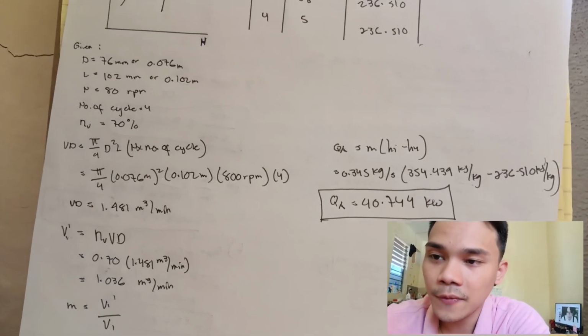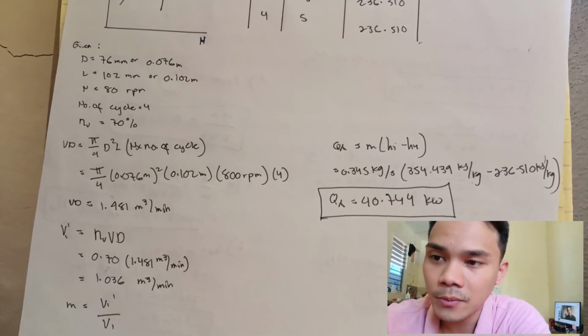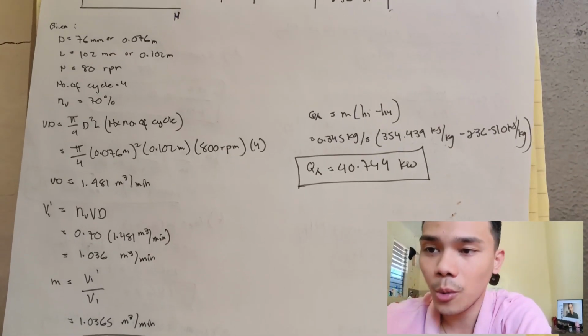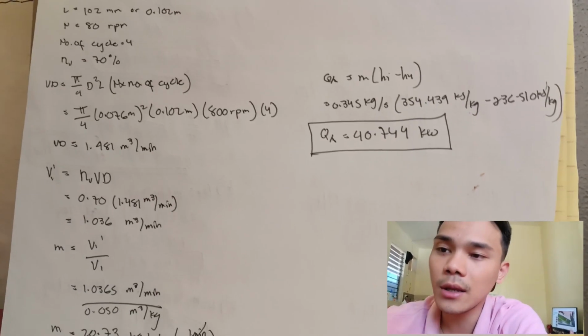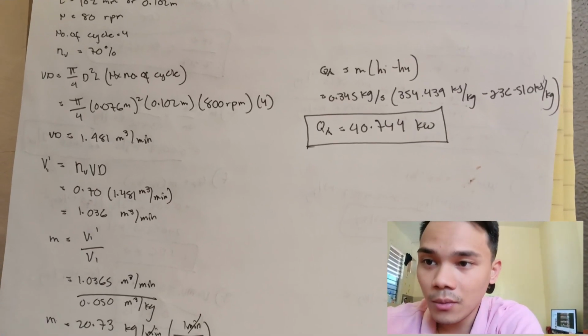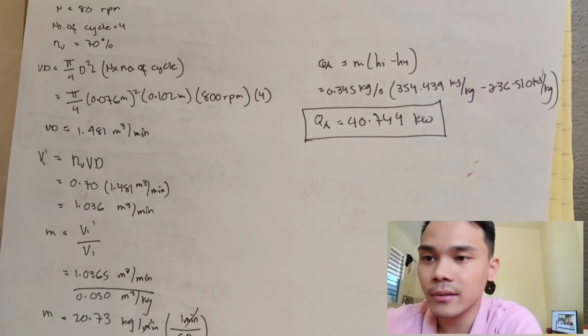Then we need to find first the VD, or the volume displacement. To calculate that, we have a formula here. Since we are using a cylinder, the formula is pi d squared over 4 times length.